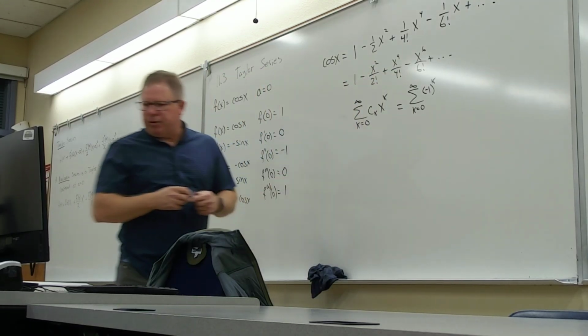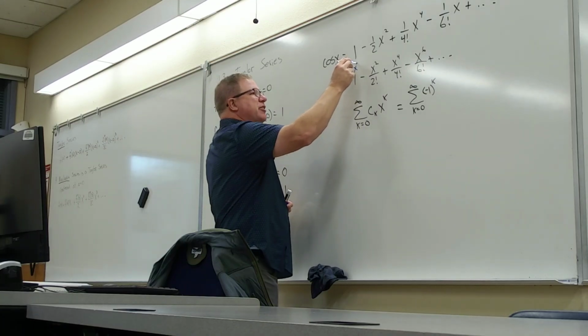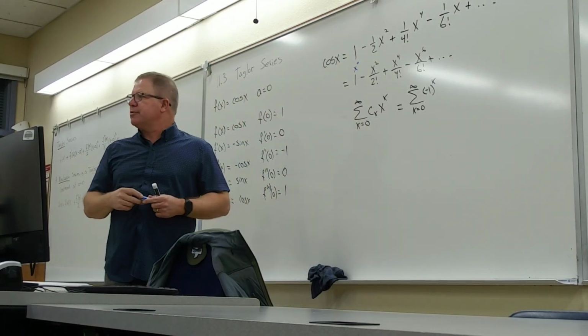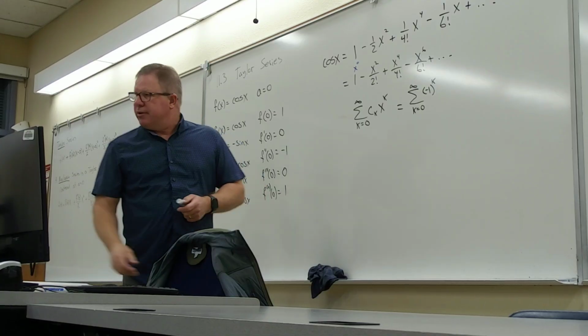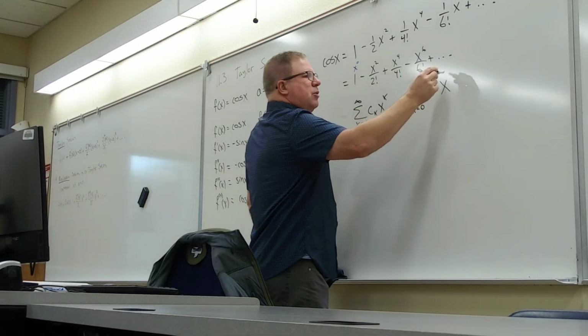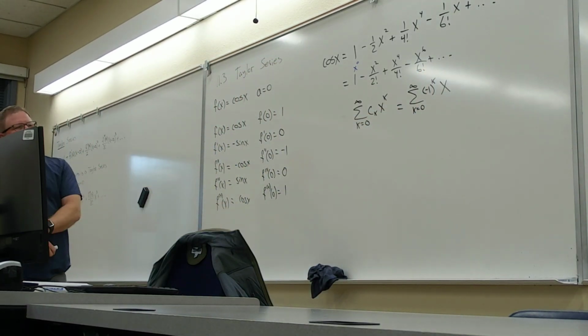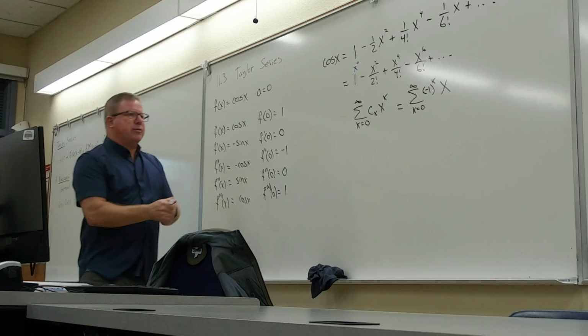All right, x to these powers. Remember, when you see a 1 in your head, you can think that's like x to the 0, right? 1 is x to the 0. So what can I do up there in the exponent to generate 0, 2, 4, 6, and so on? Okay. Just k? 2k. 2k, okay.